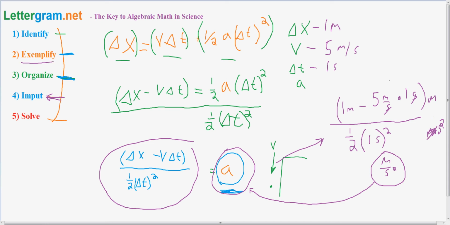And essentially now all I have to do is plug that in, and that gives me -4 meters divided by 1/2 seconds squared, which you can plug in your calculator or do the algebra.